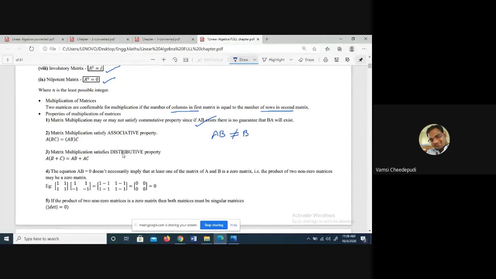It may hold for one or two examples, but if you say it as a property, it should hold good for any example. So matrix multiplication follows associative law, distributive law. And moreover, when the product of two matrices is equal to 0, it is not necessary that either the first matrix is 0 or the second matrix is 0.